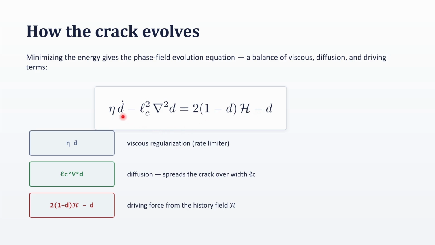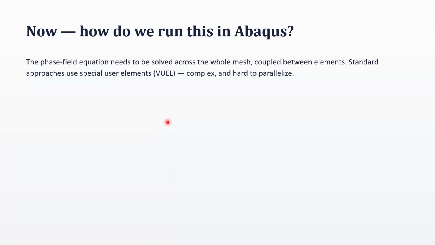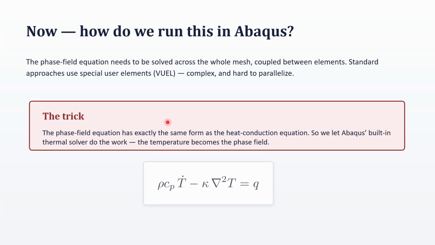That had a rho Cp; this has an eta. So we define that analogous equation, and we calculate it using Abaqus's built-in thermal solver.